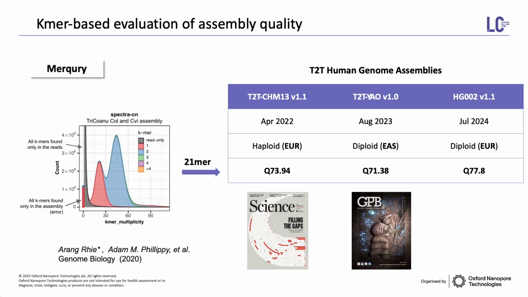In 2020, the NIH group introduced Merqury, a k-mer-based approach that checks if all the assembly k-mers are supported by sequencing reads. And this method has been used to assess the T2T-CHM13 and the T2T-YAO from our group and various versions of HG002.